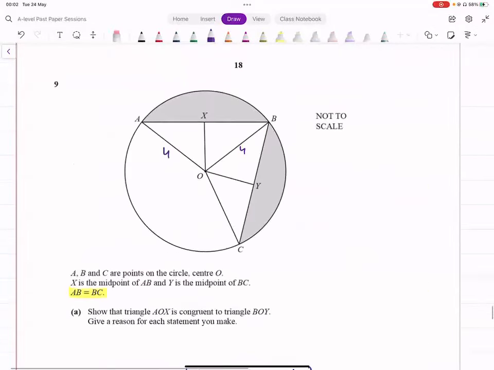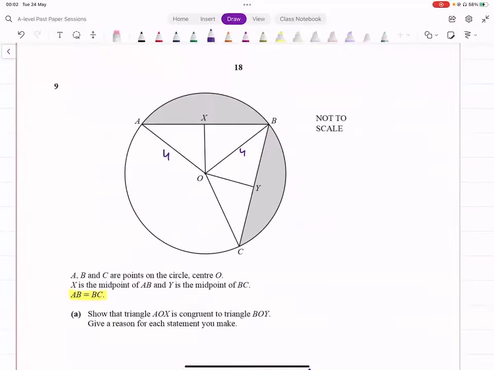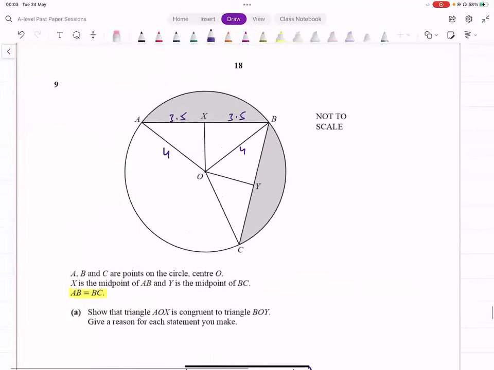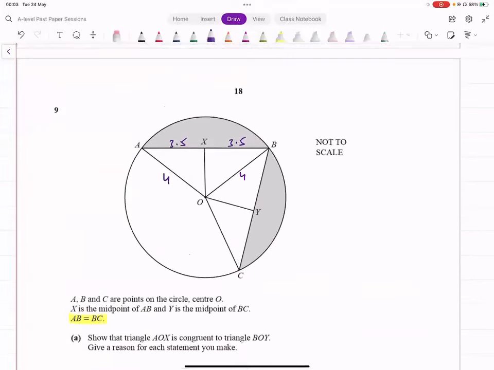AB is 7. This whole length is 7. What does it mean that this whole length is 7? This is 3.5 and this is 3.5. X is the midpoint. What we want is the angle BOA. So we're interested in this angle.